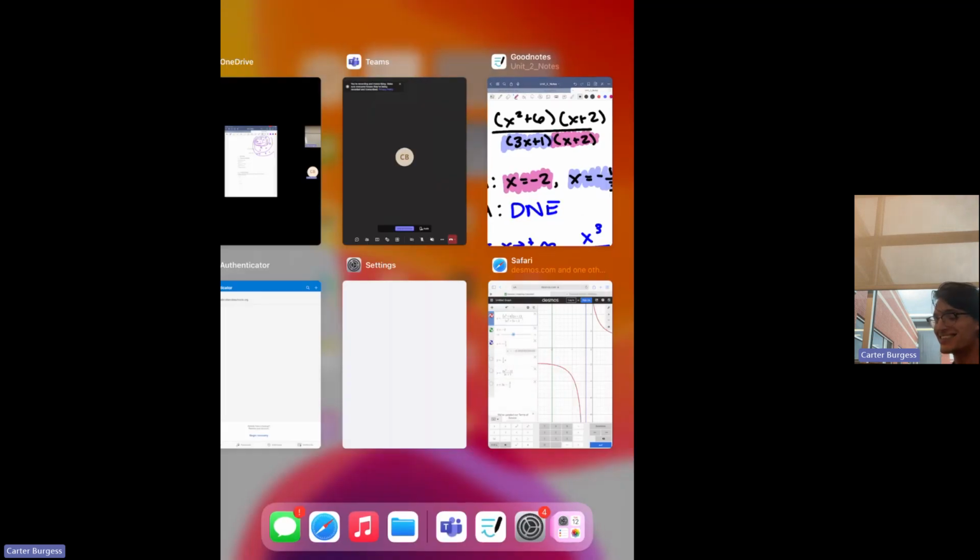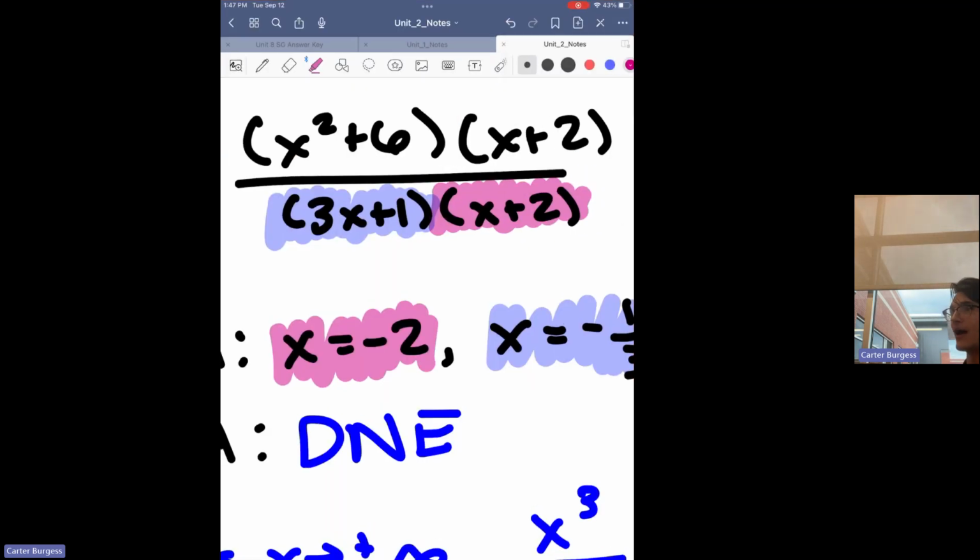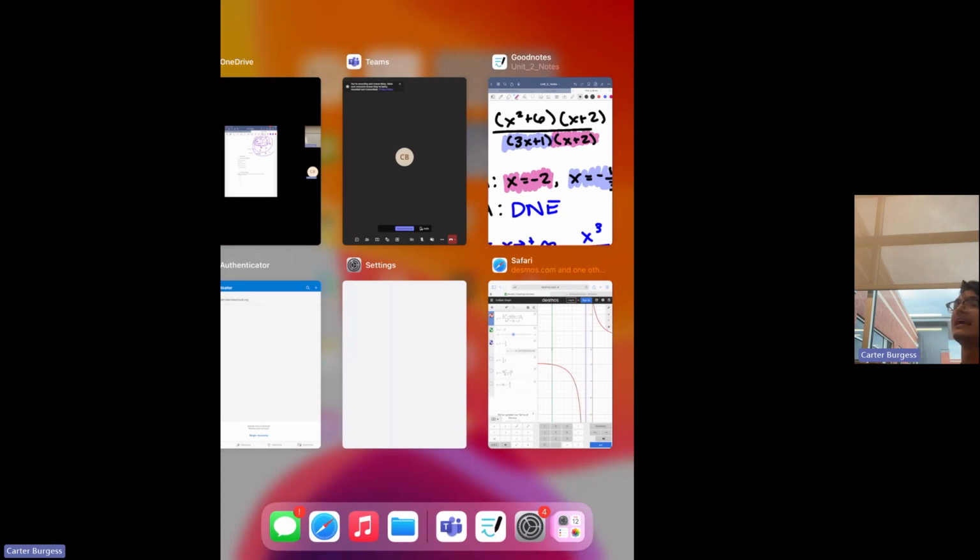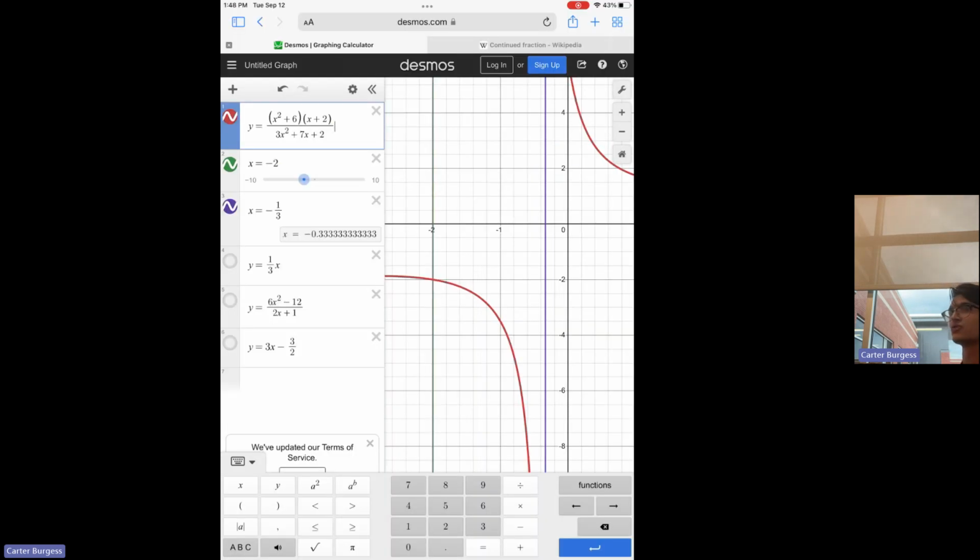Why do we not see the same thing around negative 2? What is happening to the x plus 2 root in my denominator that is not allowing it to govern the behavior of my function like this 3x plus 1 root?